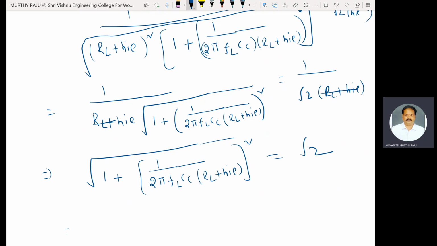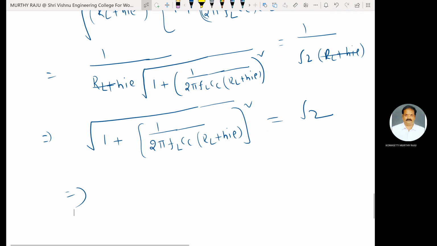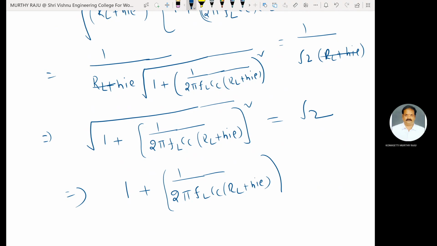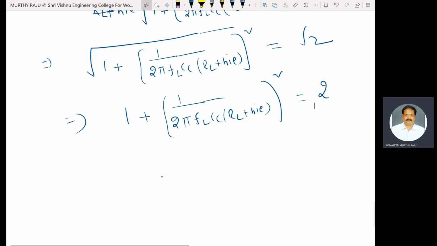Squaring on both sides, 1 plus 1 by 2 pi FL CC into RL plus HIE whole square is equal to 2. So 2 minus 1 is equal to 1.